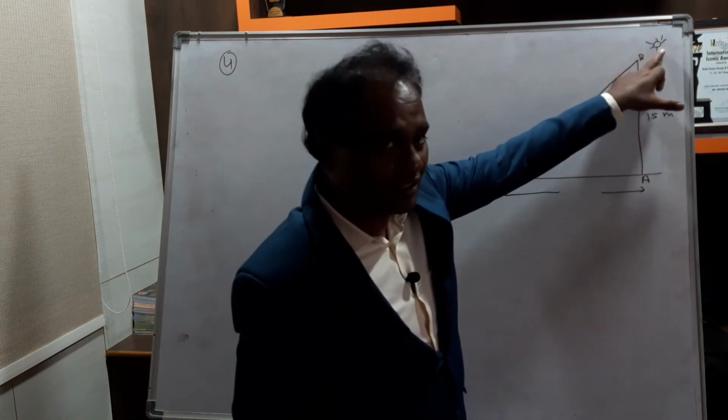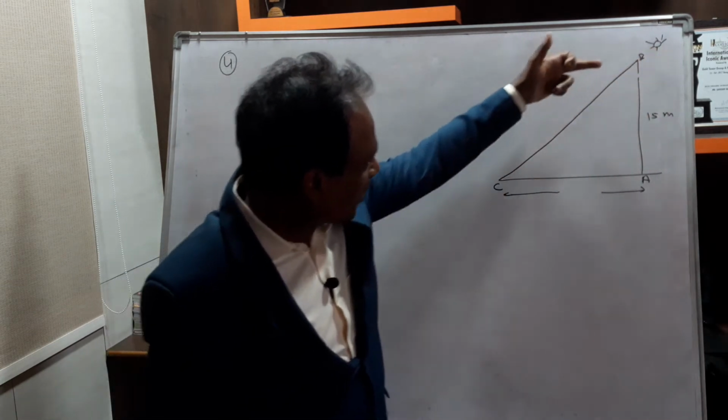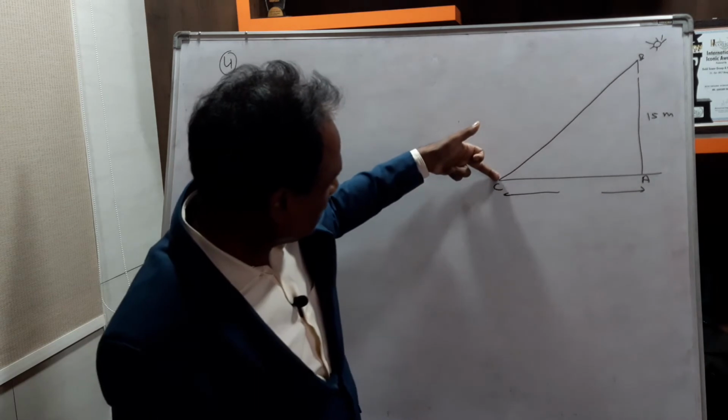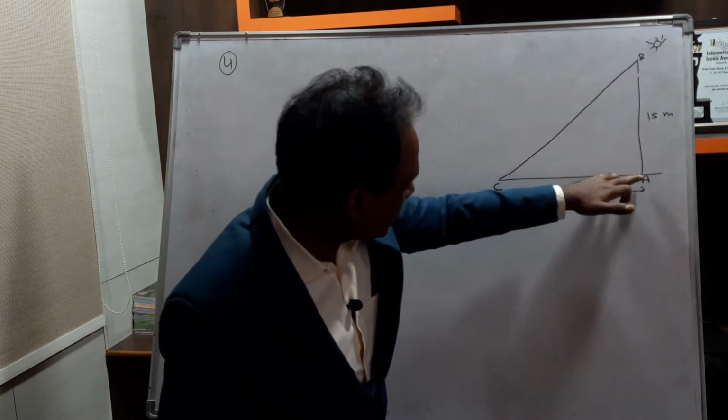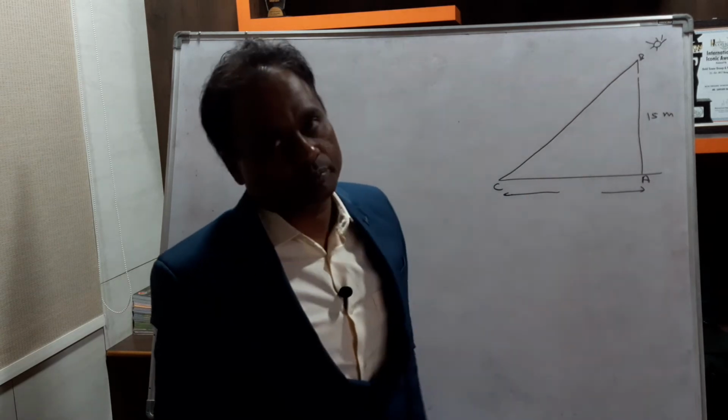Sun is say here. If sun rays fall like this, then this will be the shadow of this pole. AB is the pole, AC is the shadow.